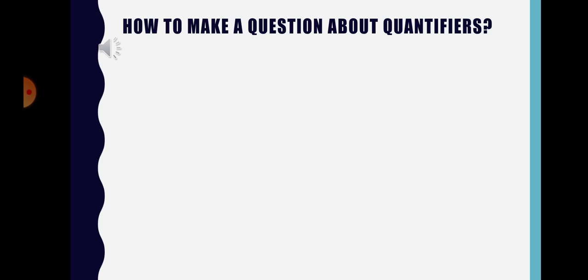Okay, now let's talk about how to make a question about quantifiers. I have two questions, how many or how much. How many is for the countable things, something that I can count, like apples, boys, girls.